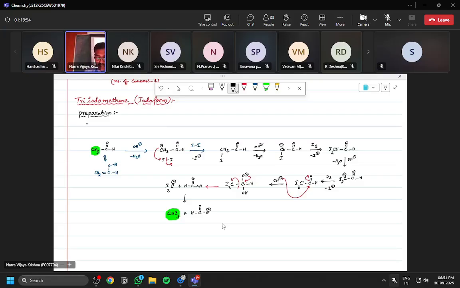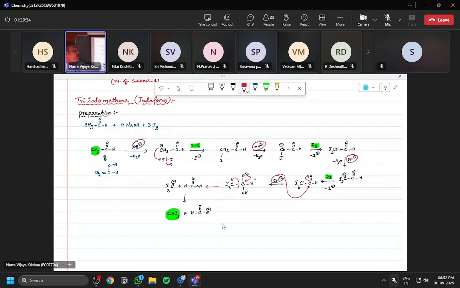First reaction, acetaldehyde. Can I write it or not? Acetaldehyde reacts with NaOH plus 3I2. Why am I writing 3I2, sir? I am using iodine 3 times or not? Here once, here second time, here third time. And how many times am I using OH minus? OH minus here once, here second time, here third time, here fourth time.